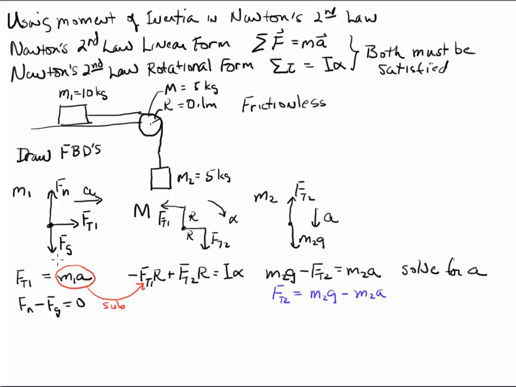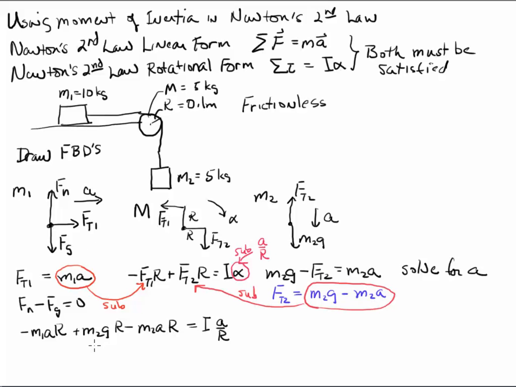The next thing I want to do is rewrite this equation as the force of tension 2 equal to the force of gravity on mass 2 minus mass 2 times its acceleration, and that is going to be substituted for the force of tension 2. Then I have to relate alpha, the angular acceleration, to a, the linear acceleration, and substitute in for alpha the linear acceleration divided by the radius r.